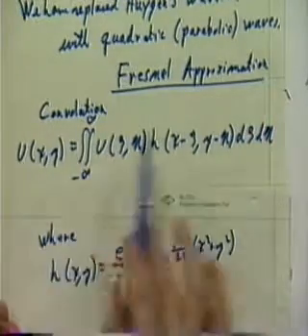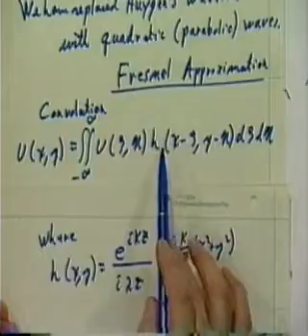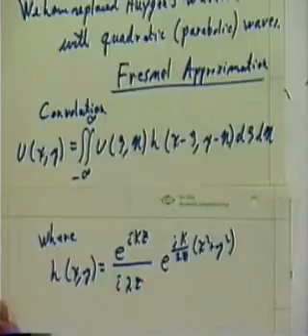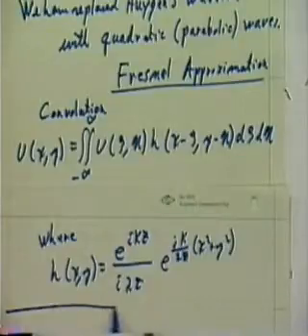Okay, so you can think of this as a convolution of u with h, where h is e to the i k z over i lambda z, e to the i k over 2z times x squared plus y squared. So that's one way of writing it.